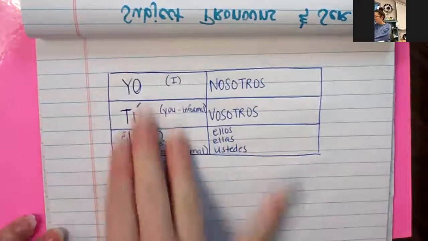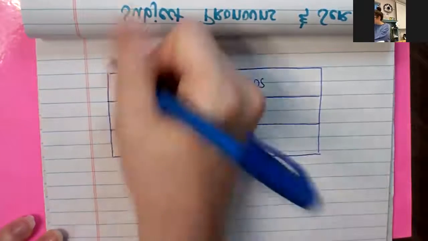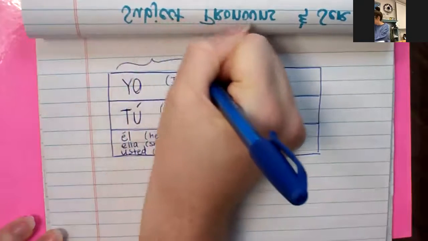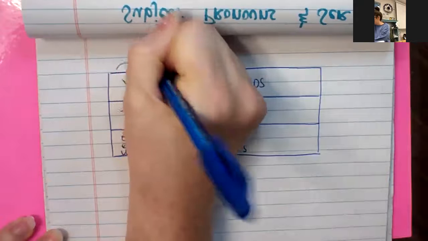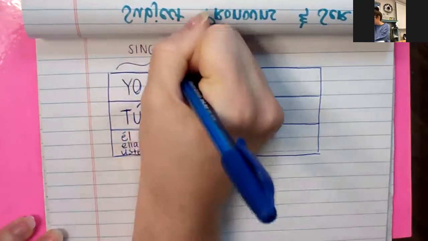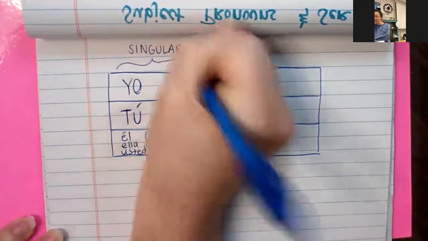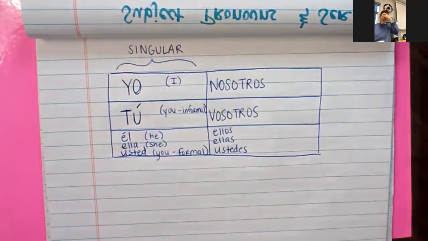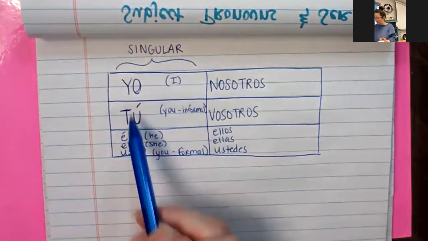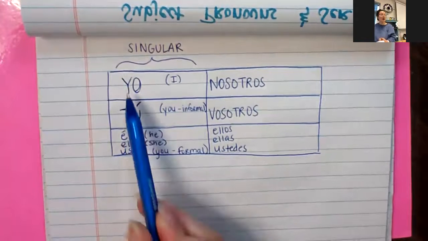So all of these on this side, you'll notice are singular. They just talk about one person. So a good hack is on your worksheet, if your subject is just one person, you know it has to be one of these 5 options.